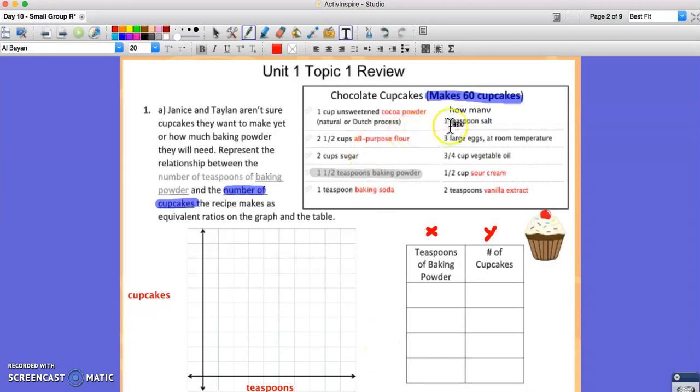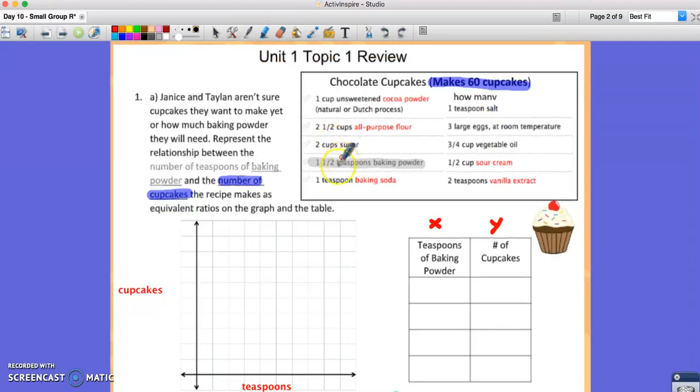So if I look at the recipe, it says 1.5 teaspoons of baking powder makes 60 cupcakes. There are a couple ways you can do the table. I personally like to take the information given and just use that right away. So I know that 1.5 makes 60. Now let's say I wanted to make a double recipe.